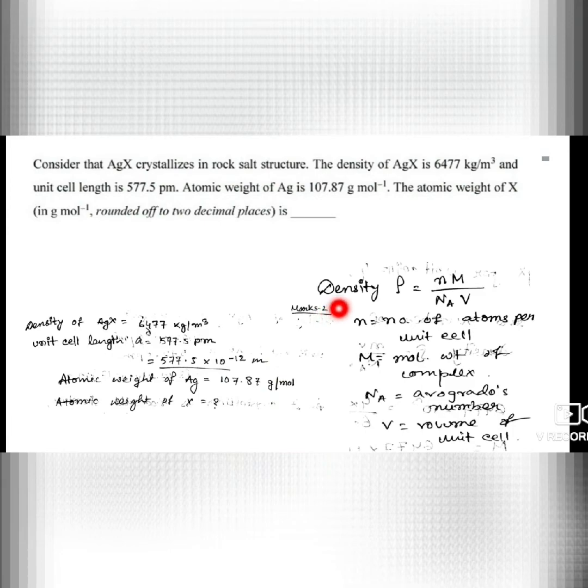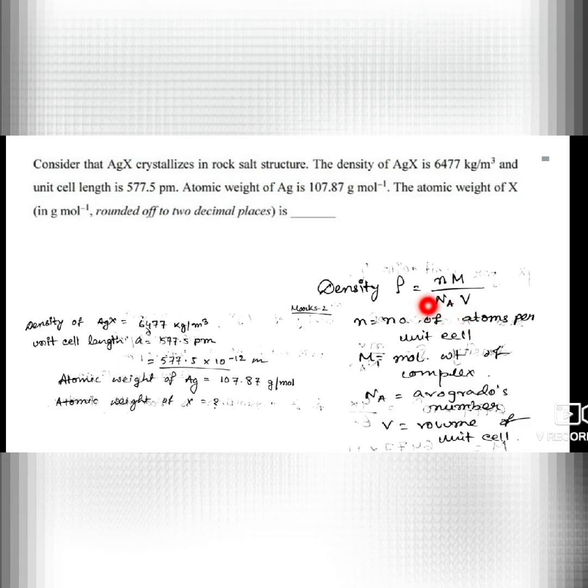Now the equation of density is density is equal to N into M divided by Na into V, where N is the number of atoms per unit cell, M is the molecular weight of AgX, Na is the Avogadro number, and V is the volume of the unit cell.